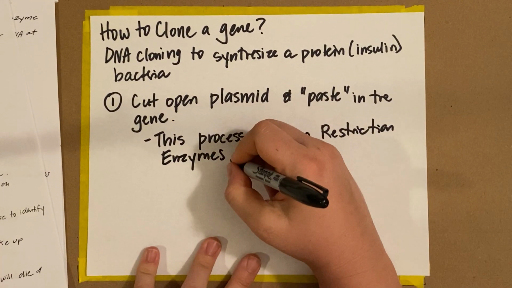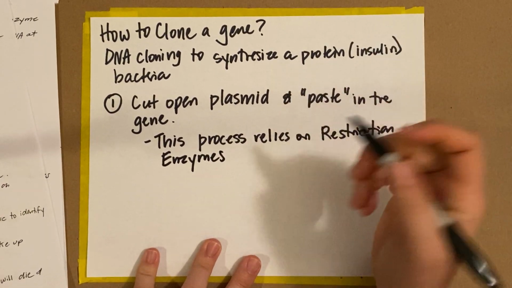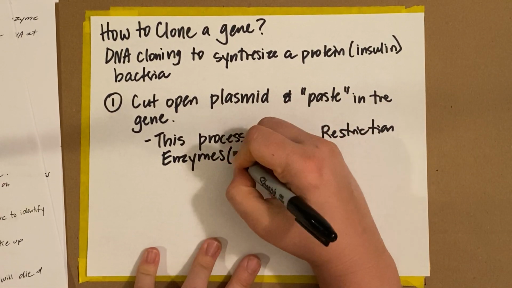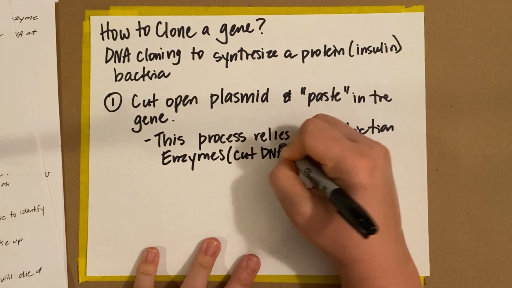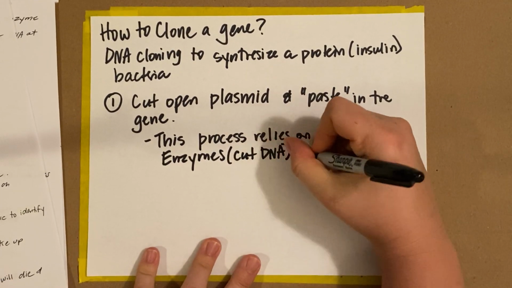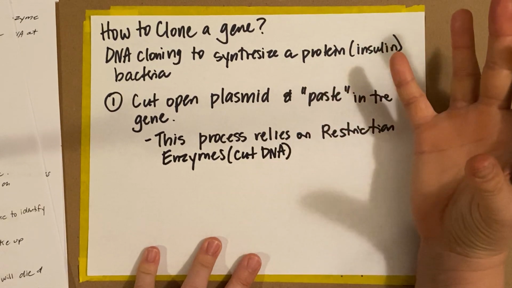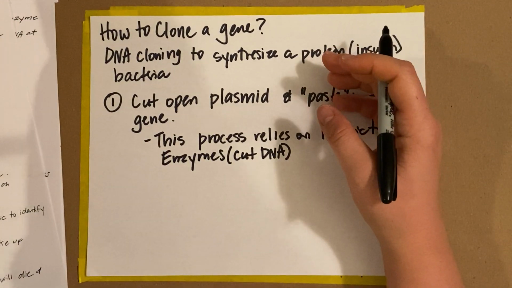Okay, and so restriction enzymes basically will cut the DNA. So they make a double-stranded cut, okay, and then the DNA will basically be open.